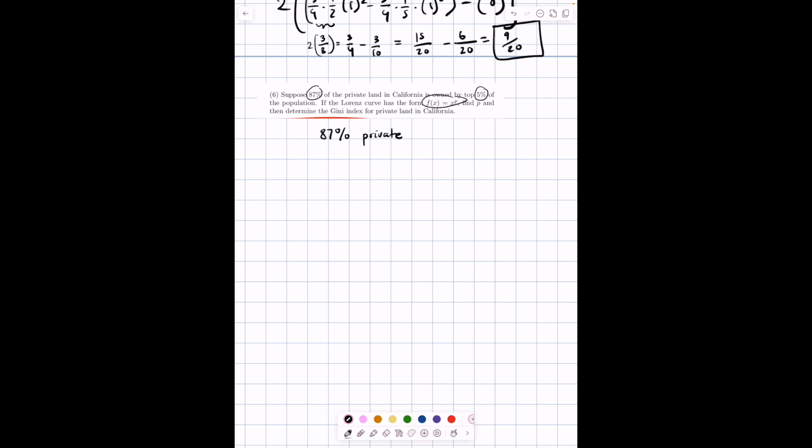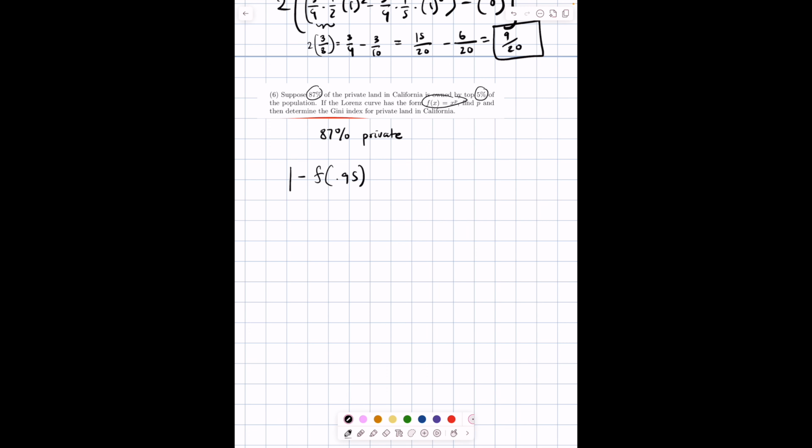Whenever you hear top percent, you just think 1 minus f. To get this, I know that the top 5% refers to 0.95.